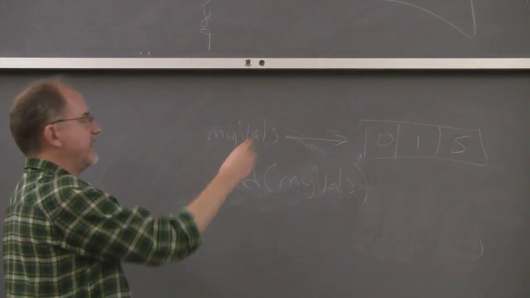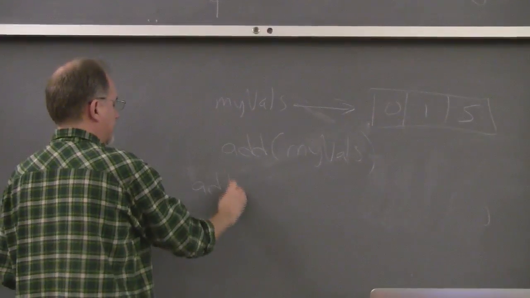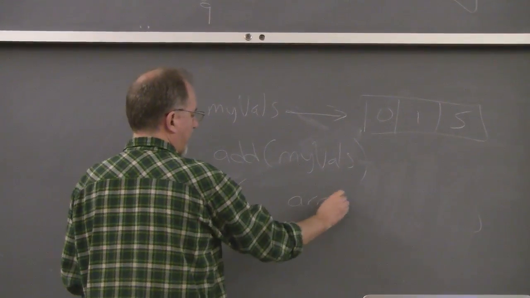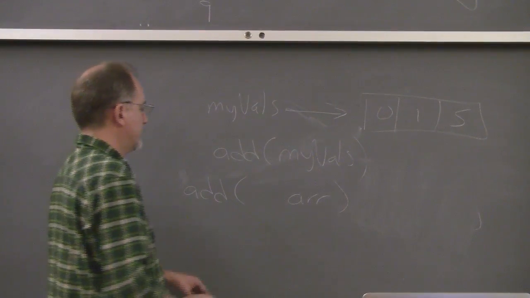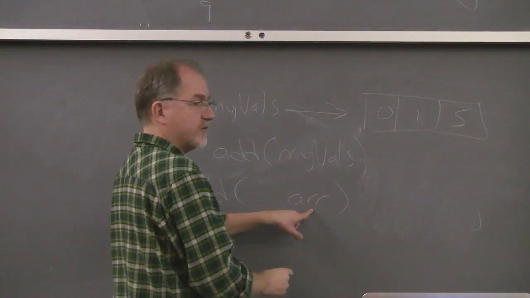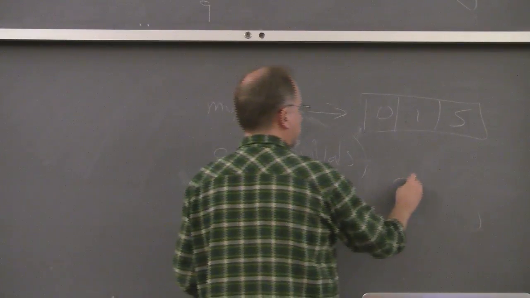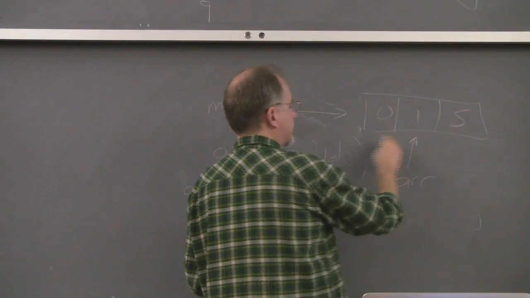The method add takes in a parameter called R for array. Basically, there's going to be a new reference R array that also points to the same object, right?